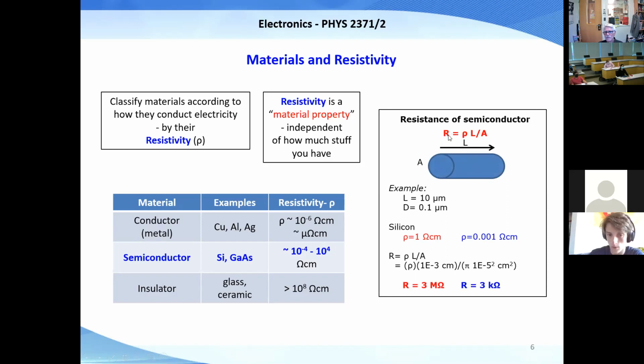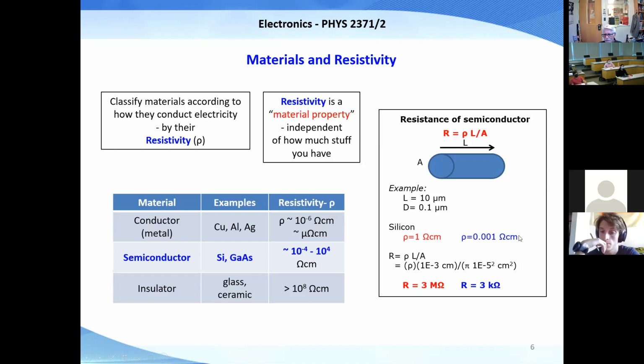So here's just a basic calculation of resistance with resistivity and the length and area of a piece of semiconductor. And I will just put some numbers in. Silicon, if you have a resistivity of 1 ohm centimeter or 1,000th of an ohm centimeter, you get resistances that are 3 orders of magnitude different. Okay, and you can actually make silicon with these different resistivities. Let me point out something here.